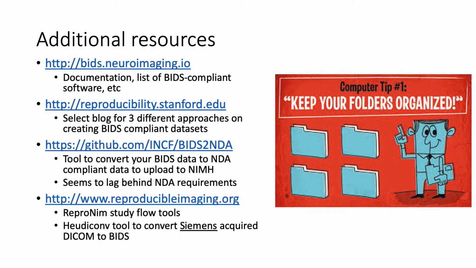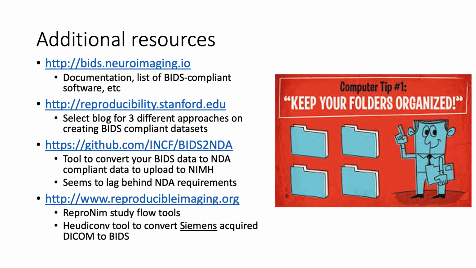I think they're working towards having a tool that will automatically take what's online and create a PDF out of it for you. But for now, I find that a little more annoying. I'm still kind of old school, and I like paper sometimes. So I find it a little easier to work on paper because then I can take notes on it. But it's all up there. There's also the reproducibility website at Stanford.